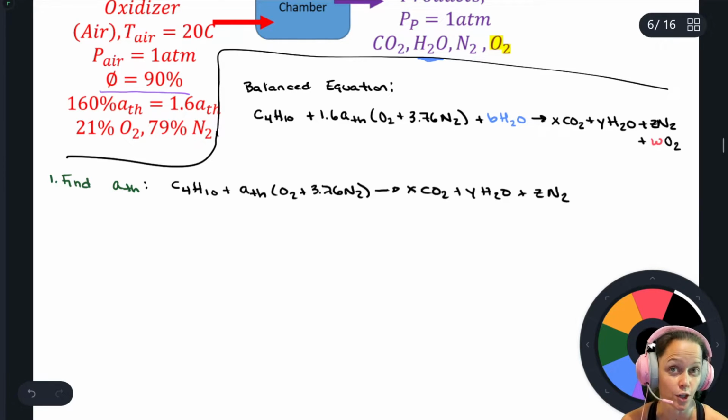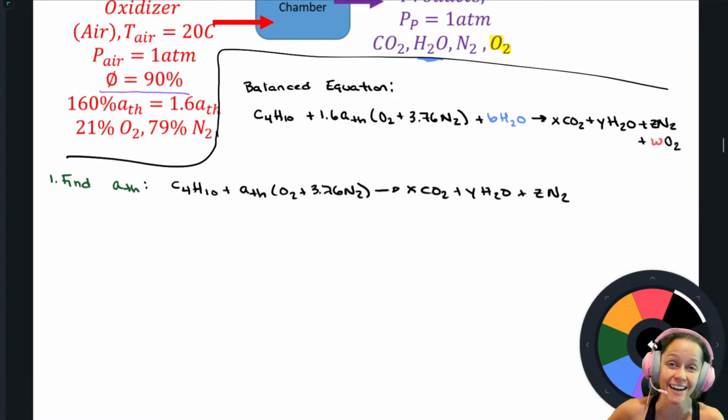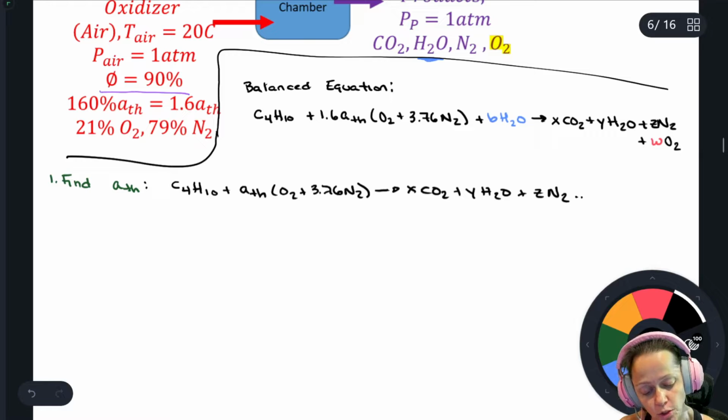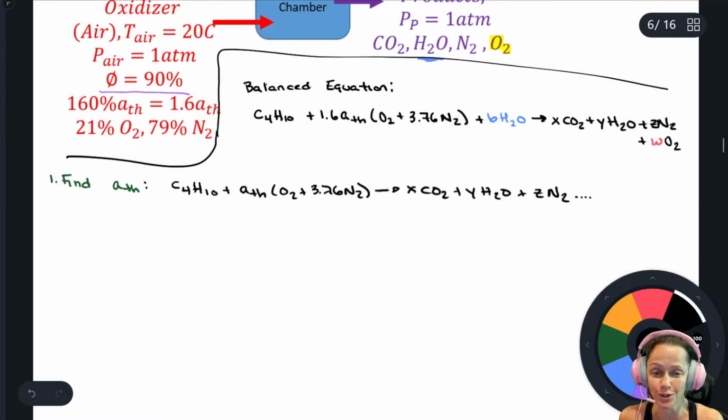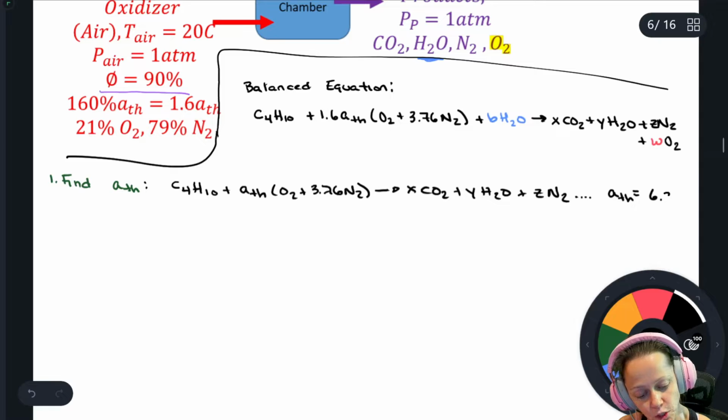Notice that I did not include that excess oxygen, and I also did not include the water in the reactants. I will let you do your mole balance because it's very similar to what we've done before. The important takeaway is that your theoretical air ends up being 6.5, not 6.25.